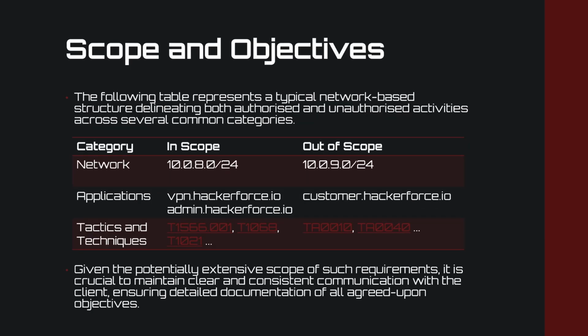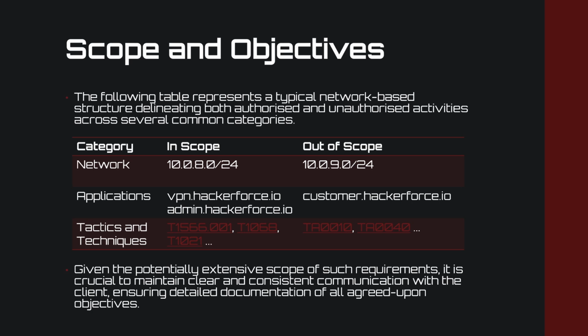To provide some more context, the table you can see below illustrates the typical network-based structure that delineates both the authorized and unauthorized activities across several common categories. You've got the network category, the applications category, and the tactics and techniques category. Don't focus on that right now.